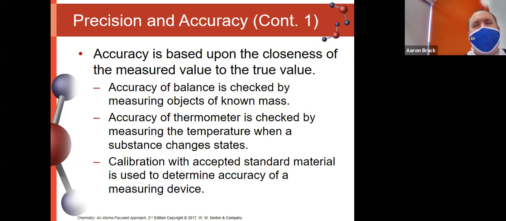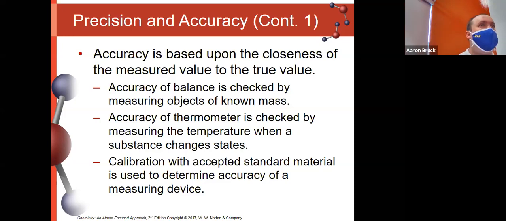Now, when it comes to calibration for certain types of instruments, there are a number of ways we can go about it. For balances, we usually calibrate them by weighing an object of a known mass. If I want to calibrate one of the balances upstairs, the manufacturer sends us a piece of metal that is, I think, 25.00 grams.